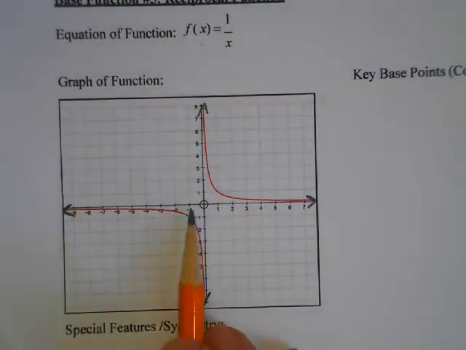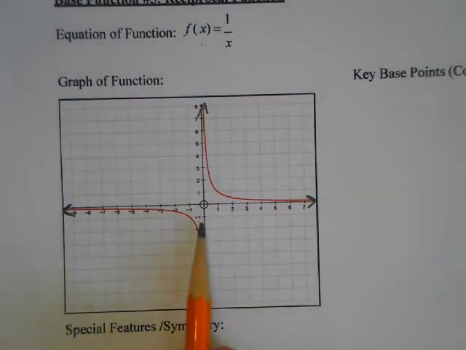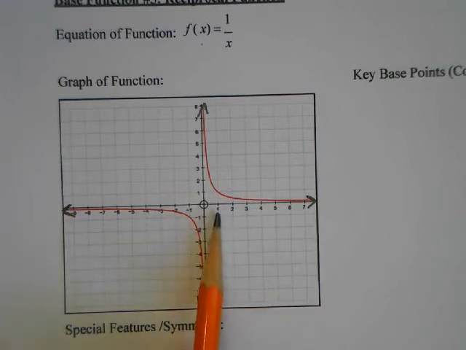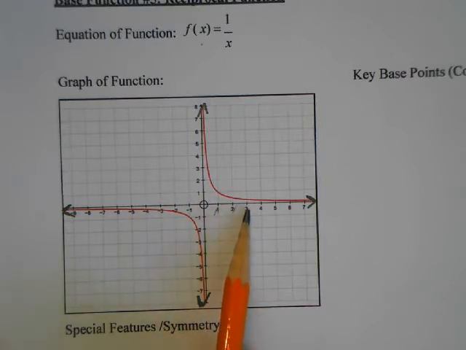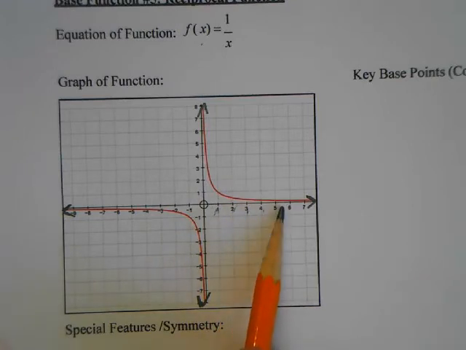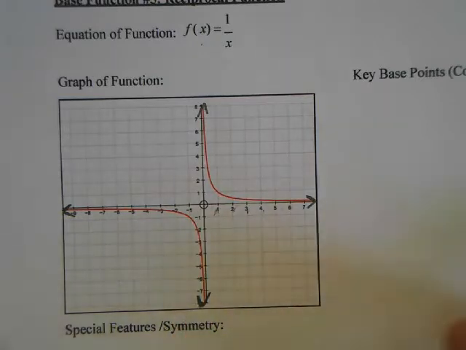So this time you actually have 4 arrows because you have 2 branches. Now if you look at what's going on here, like what I talked about, if x is 1, then your y coordinate is going to be 1. So 1 over 1 is 1. If your x value was 2, then your y coordinate is 1 over 2, 1/2. X value is 3, y value is 1/3, 1/4, 1/5, 1/6, 1/7. It keeps going.